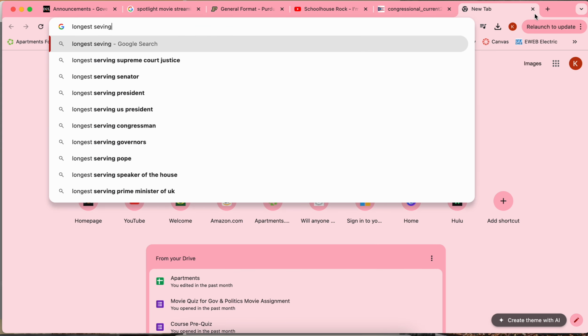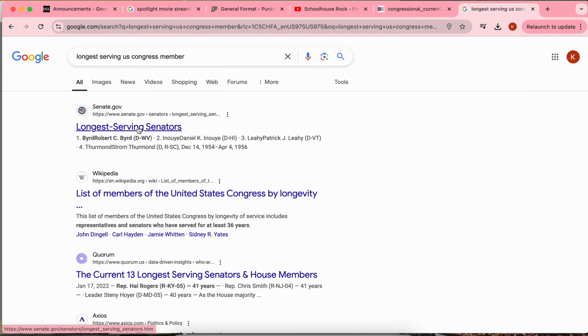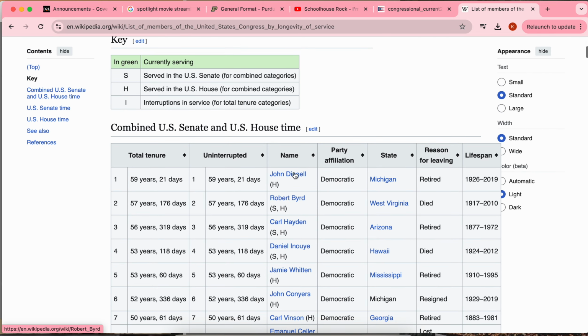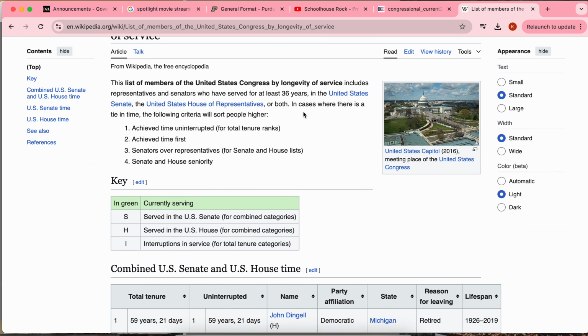I believe the longest serving Congress member, I'll use the Wikipedia page here. Okay. Here are the longest serving people. At least 36 years.